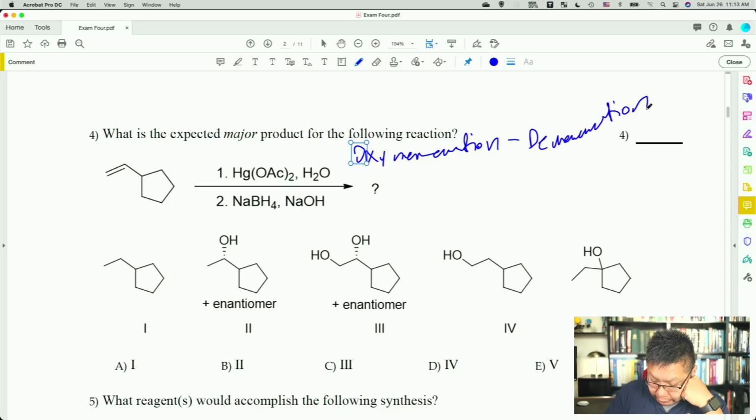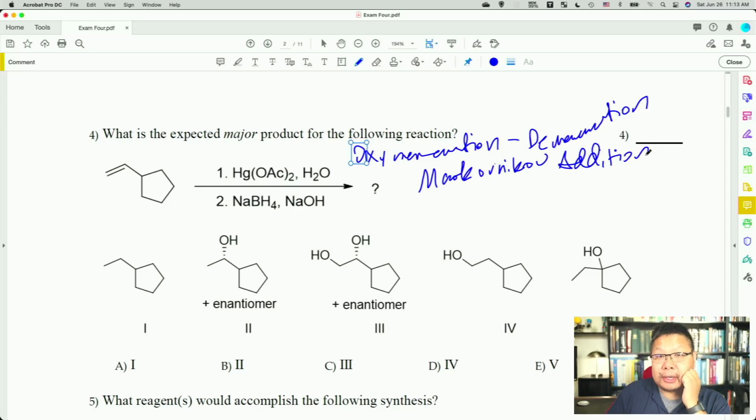Again, this is going to do a Markovnikov addition. The point of doing an oxymercuration-demercuration is that when you do a hydration like you did in the acid catalyzed version, you can't control whether or not the carbocation rearranges. But since you have the mercury here, it makes that cool little mercurinium ion, right?